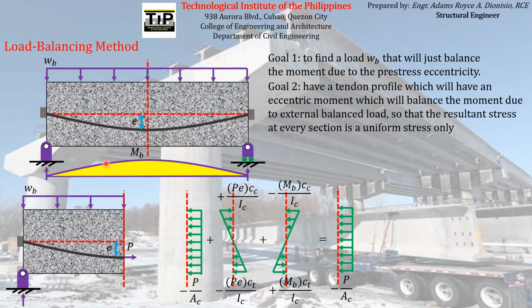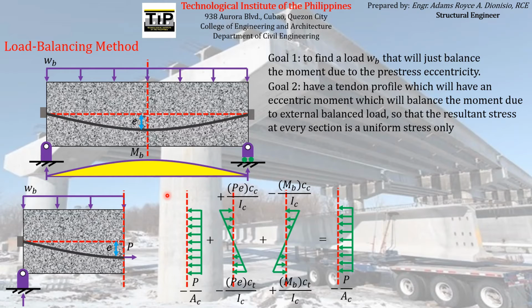They are called balance moments because they are just balancing the eccentric moment produced by the eccentricity of the pre-stressing force all throughout the length of the concrete beam. So there you go. That is how we can address our difficulty we encountered a while ago. So now we can achieve a uniform stress acting at every section of the concrete element itself.